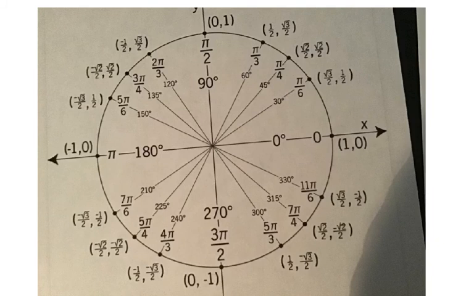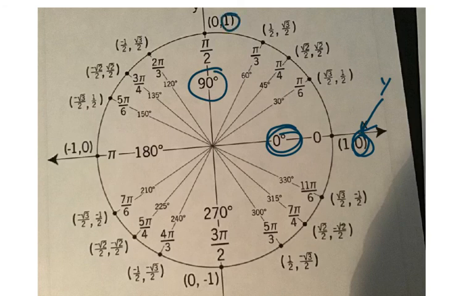But remember the unit circle. If I'm at 0 degrees, remember sine is your y. So as you can see, 0 is 0. 90, the y is 1. 180, the y is 0 again. 270, remember, sine is your y, is negative 1.